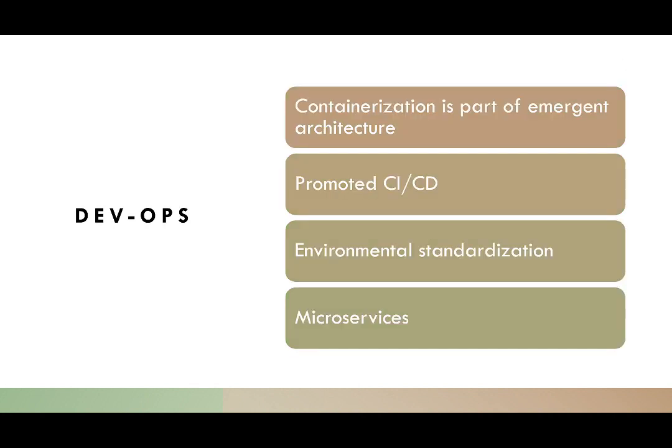So what is Docker's place within DevOps? Well, Docker and containerization at large is part of emergent architecture from DevOps, and CI/CD is a major part of the DevOps philosophy. Working in small, valuable batches means pushing changes to production often, and Docker's automation and tools make this a very easy task while offering safe fallbacks just to manage the risk of these changes.